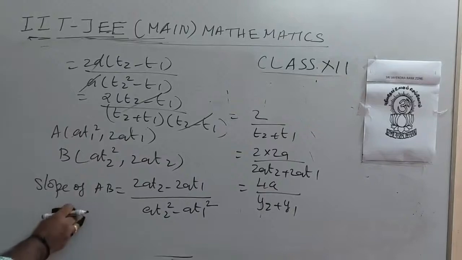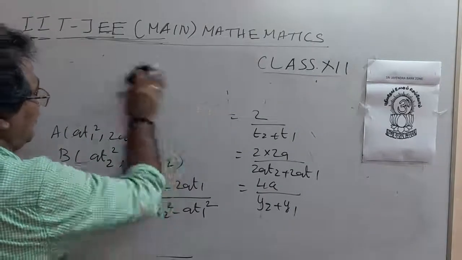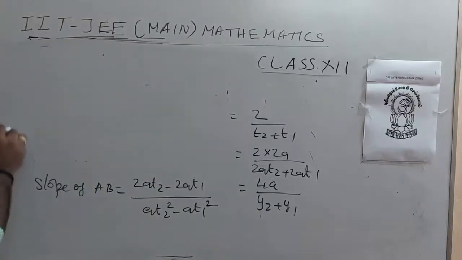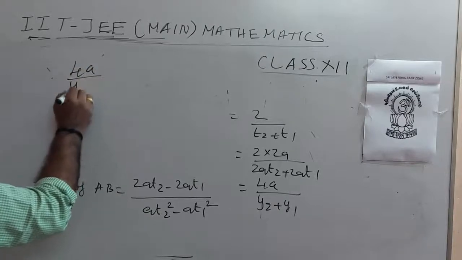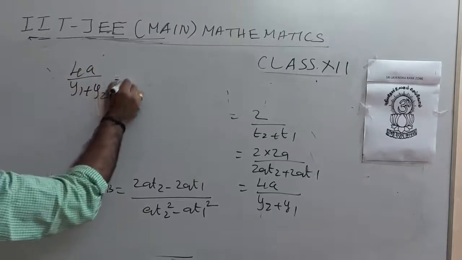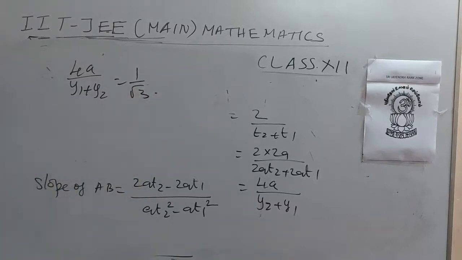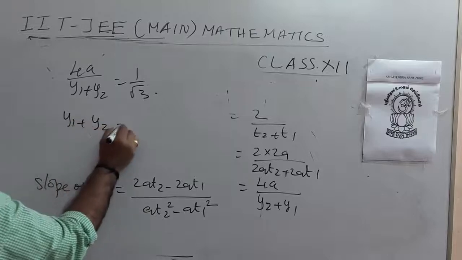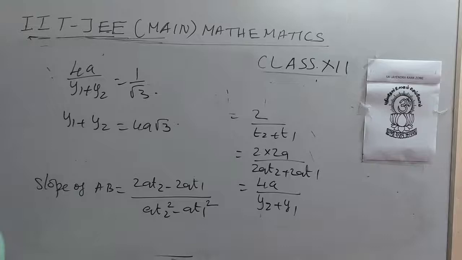So this is slope AB. This slope AB should be equal to 1 by root 3. Therefore 4a by y1 plus y2 equal to 1 by root 3. So y1 plus y2 equal to 4a root 3.